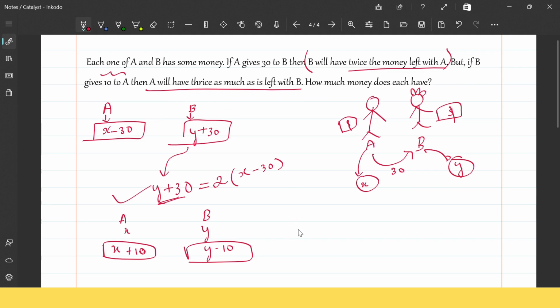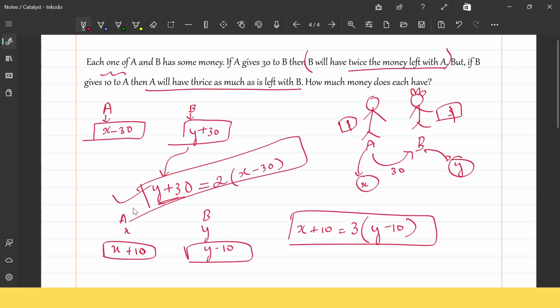A will have X plus 10 equal to thrice as much as what is left with B. Thrice means 3 times. What is left with B? Y minus 10. So this is your second equation, and that was your first equation. These are the 2 equations which you have to solve to find how much money each one has.